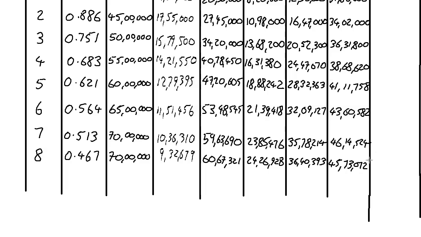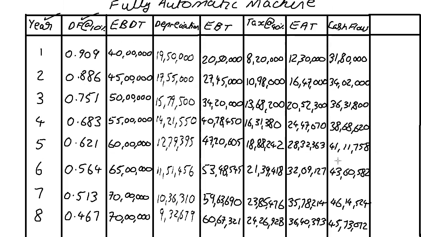Now, going back up, I need to calculate discounted cash flow, and that can be found by multiplying the discount factors into the cash flow. So we will start with 0.909 into 31 lakh 80,000, and that is going to give us our first DCF.